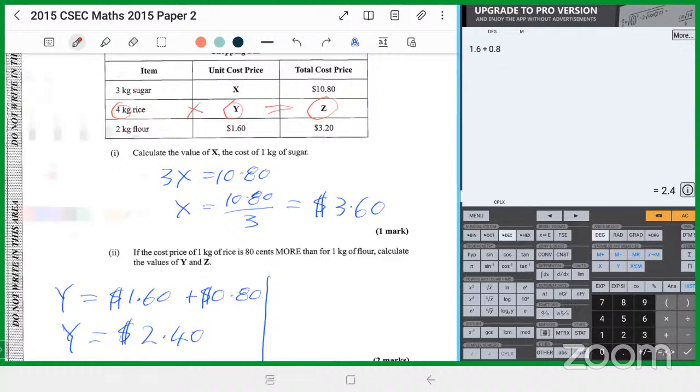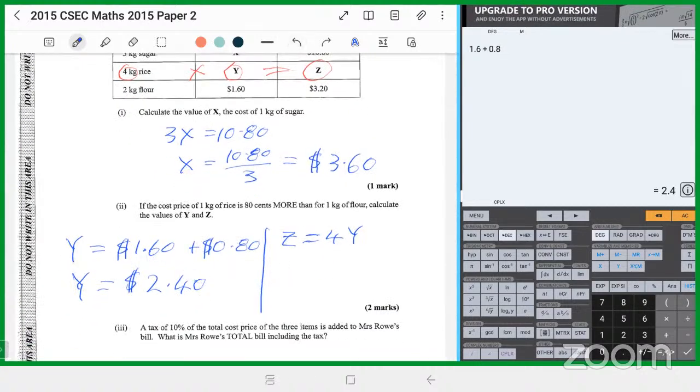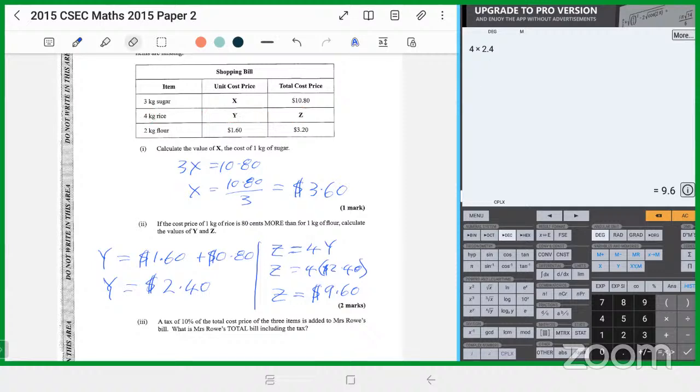Let's set up like that. The y is this value I put in here. So the z becomes 4 times $2.40, with the dollar sign. 4 times $2.40 is $9.60. That is it. Okay with that? Very good. Easy question.